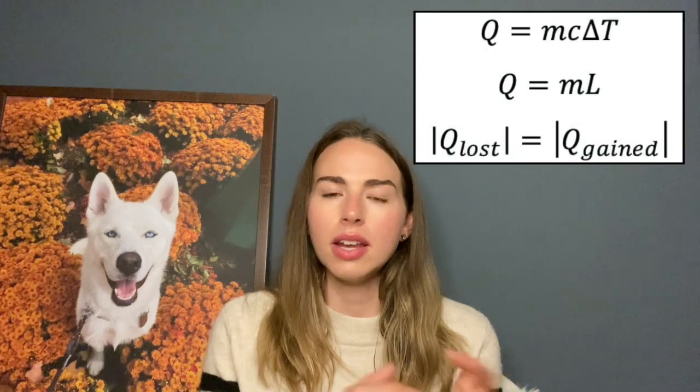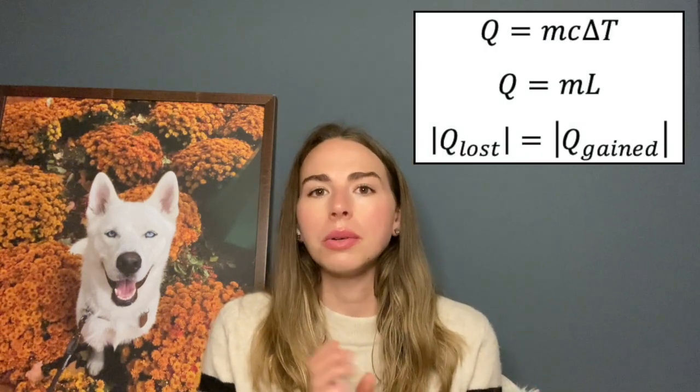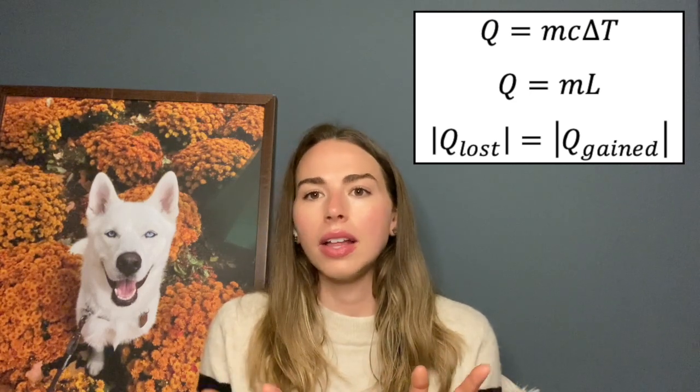If the change in temperature is negative, then that would be the amount of heat lost. And we also can measure or describe heat required to go through a phase change. Heat is just going to be capital Q. So we have the specific heat equation, which is Q equals mc delta T. And then we have the latent heat equation, which is Q equals M times L, where L is the latent heat.